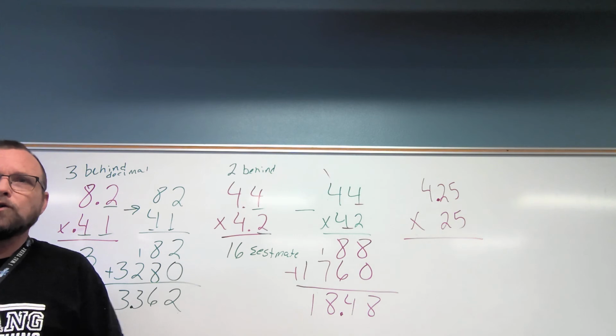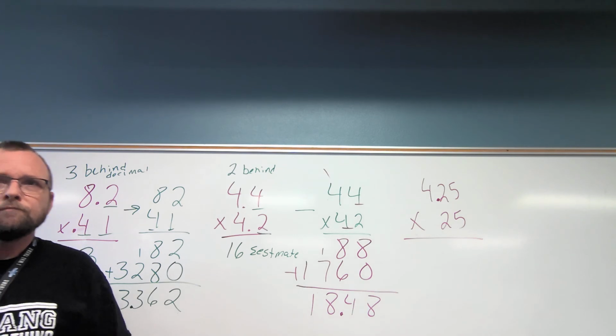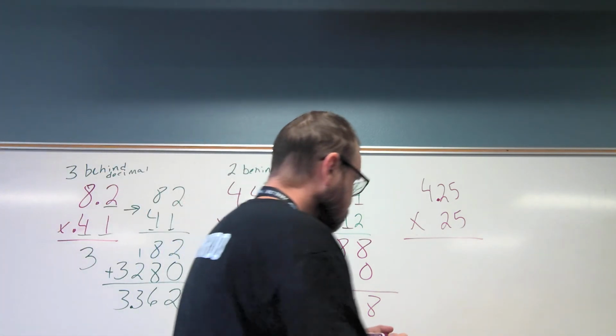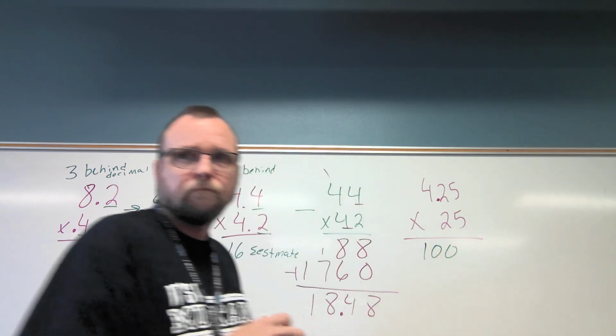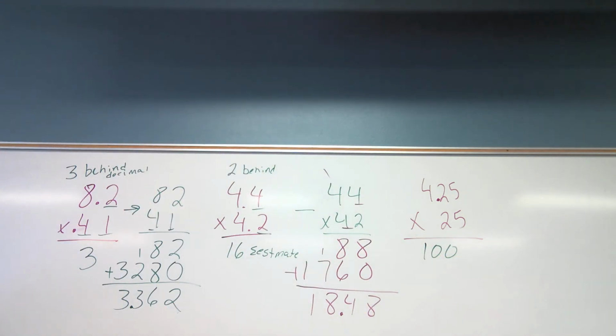William, what's 4 quarters worth? 100 cents. So your estimate is around 100. It'll be more than 100 because we're multiplying more than $4.